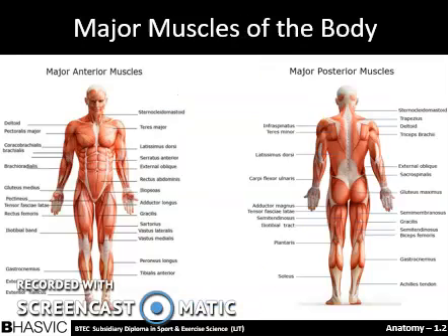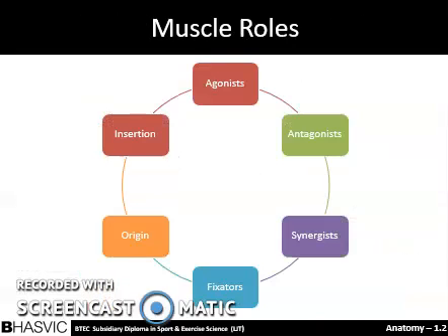Antagonists, however, are the muscles that produce the opposing movement to the agonist muscles. A synergist in a movement is the muscle that stabilizes around a joint at which movement is occurring, which in turn helps the agonist function effectively.